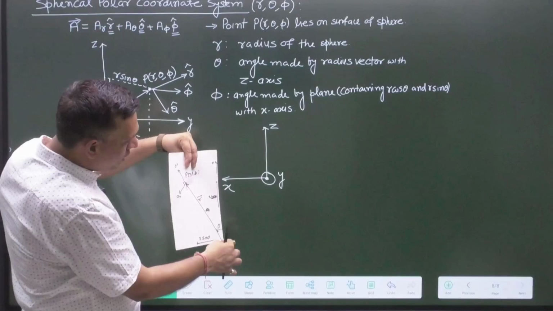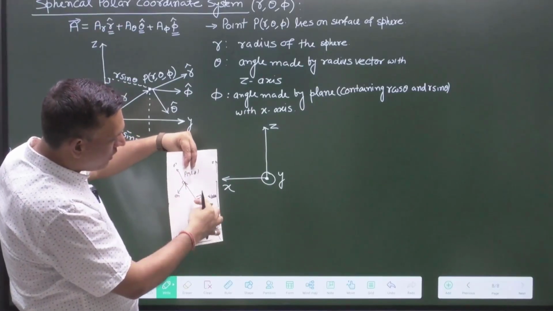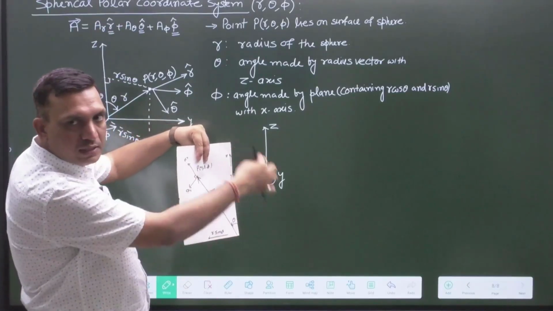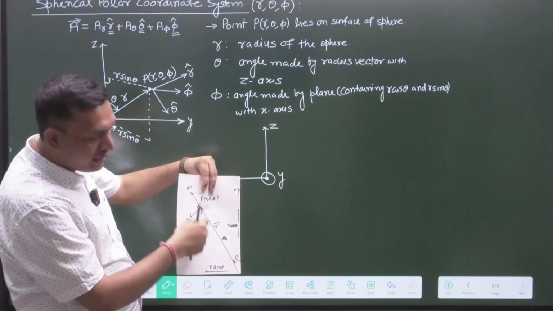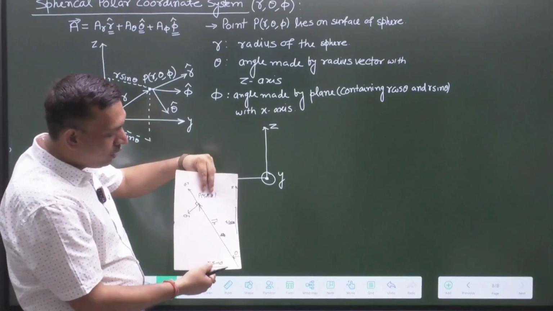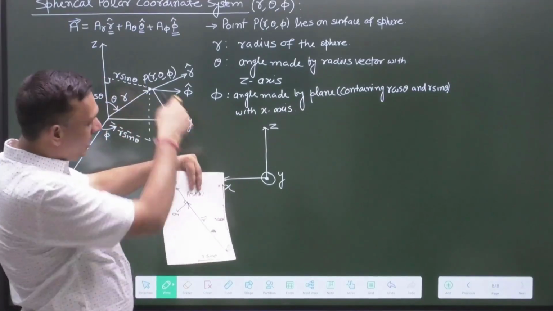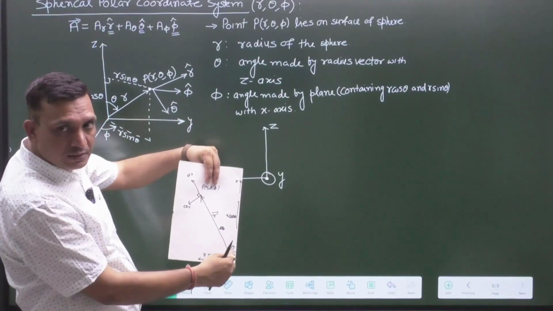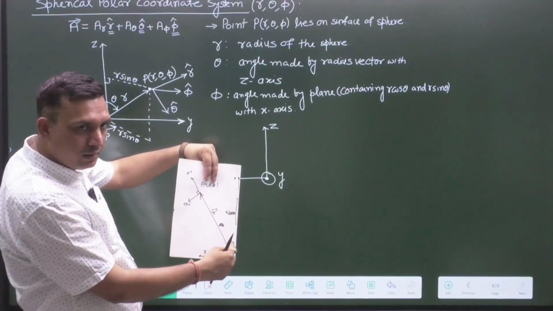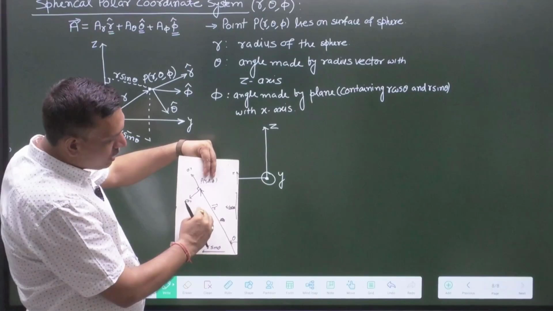So from the origin to point P, just connect with radius r and draw a sphere of radius r, where the center is at the origin, and what will be angle theta? This is the radius vector which makes an angle theta with the z axis. Clear? Now take the projection of r along z.